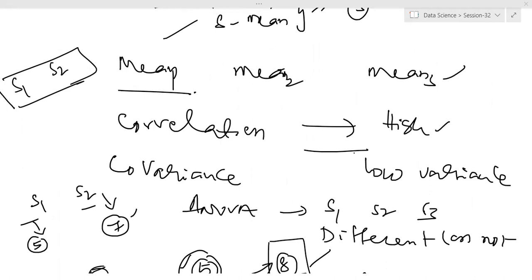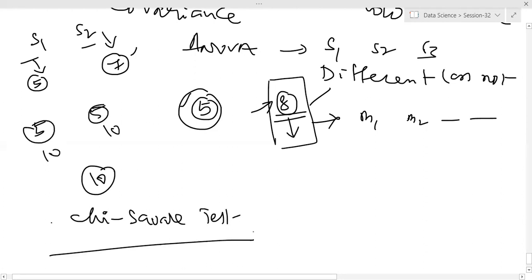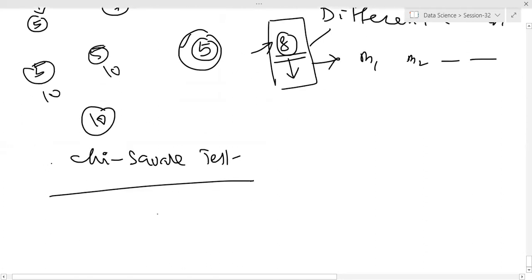Now, as a concluding part, friends, I am introducing one more very, very important aspect, which is the chi-square test. Observe here: in the case of your Z-score, T-score, ANOVA, what is the common point?